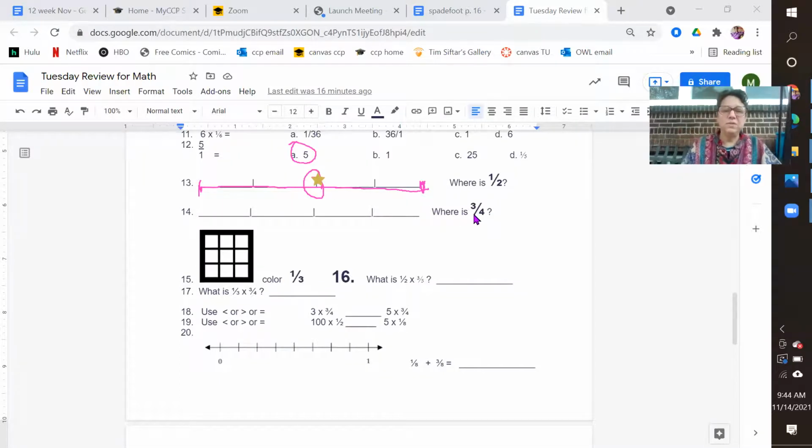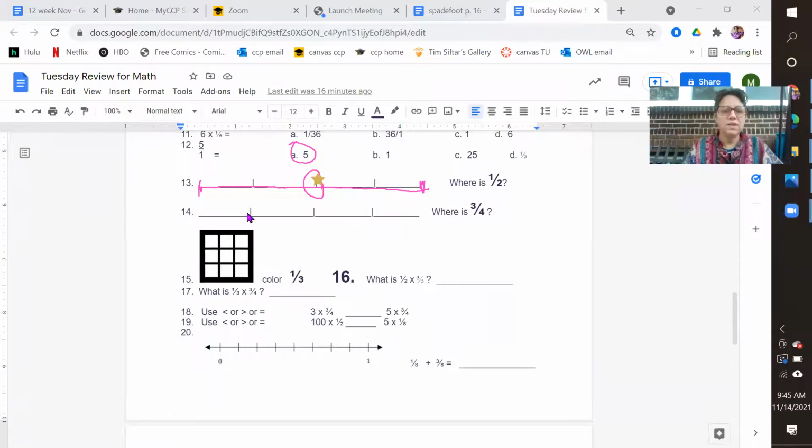Now, more difficult, number 14, where is 3/4? So here we have, how many spots do we have? Right, 1, 2, 3, 4. We have 4 quarters. And so we just need 3 of them. So which one could it be?